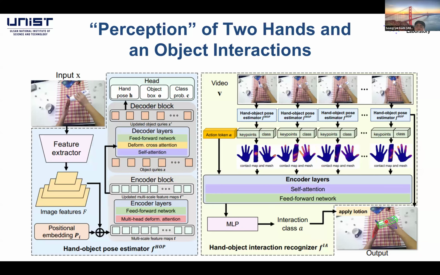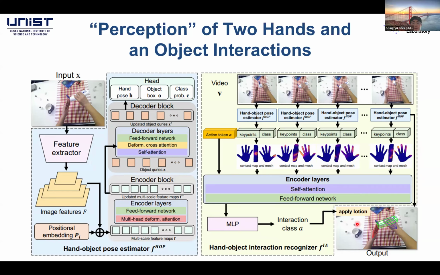From the video, we estimate the hand pose and object pose frame-wise, then concatenate them, apply another ViT, and estimate their interaction classes. For example, here they are applying lotion.